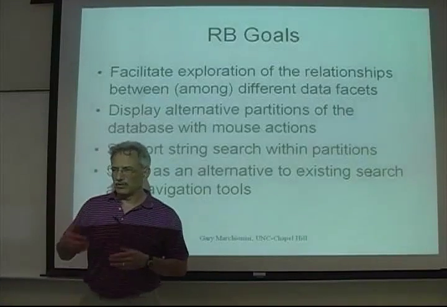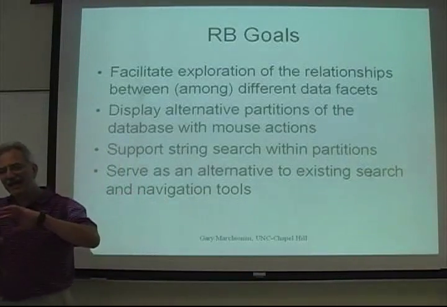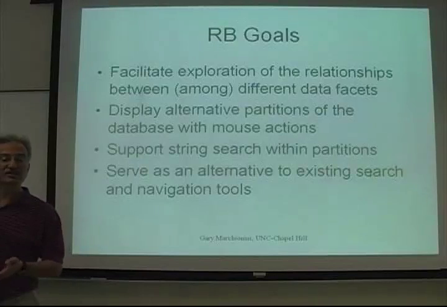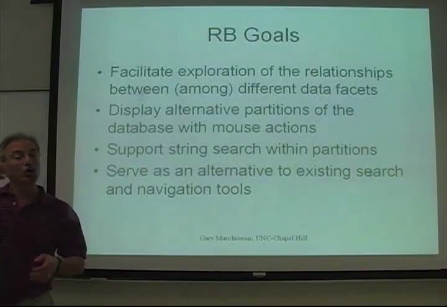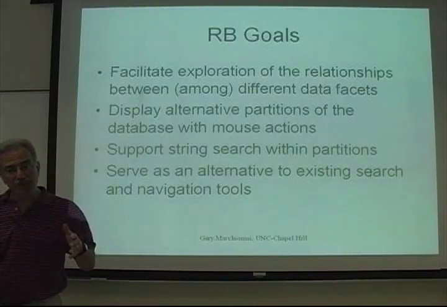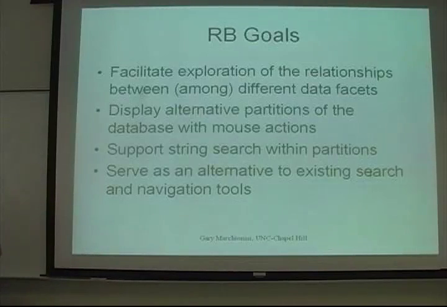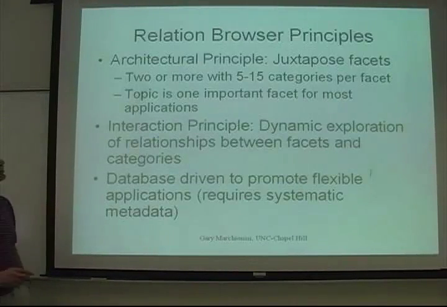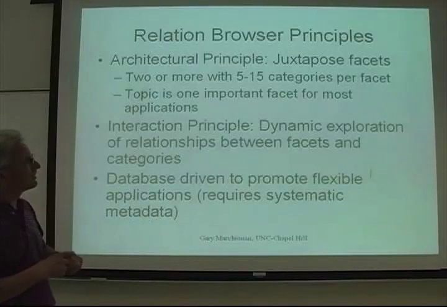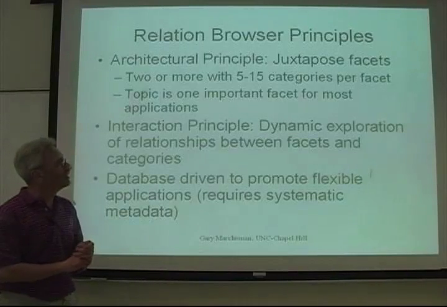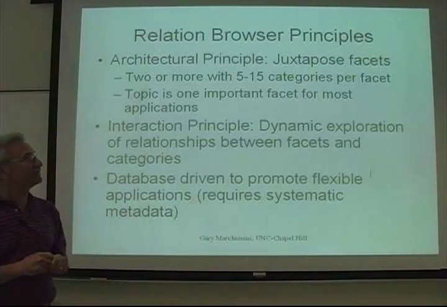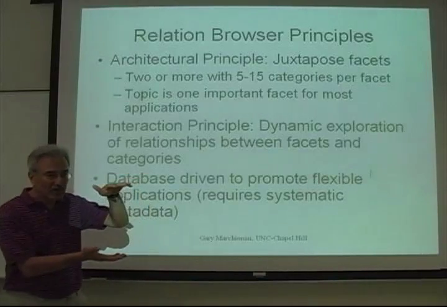I don't see this as really replacing things, but being an alternative to, or something that would be used, say, before or after you do your basic search engine kind of search. Some of the basic principles here: we want to juxtapose the facets with anywhere from 5 to 15 categories per facet. We're very constrained by screen real estate.